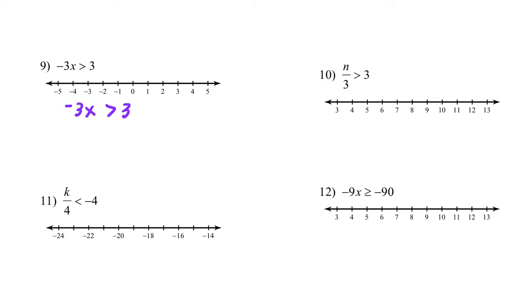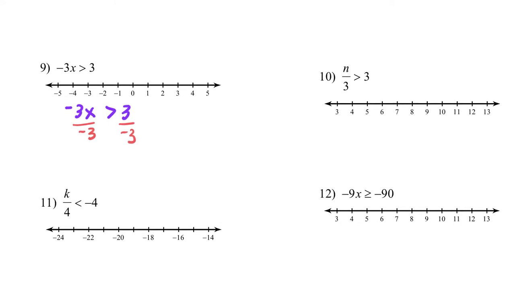So I have a problem that's attached. It's -3 times x. And so to get rid of multiplication, you divide. So I'm going to divide by -3. And I have to remember here, I am dividing by -3. That means I'm going to switch my sign. So right there, because it was negative, I'm going to go from the greater than that I have right here to a less than, because I divided by the negative.